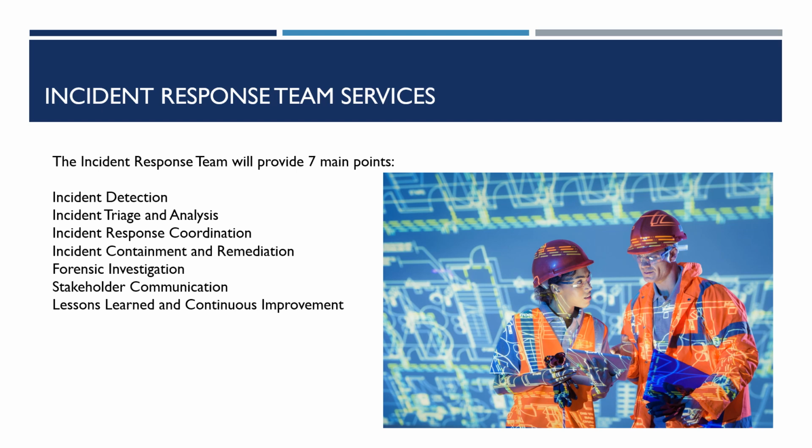Our incident response team will provide 7 main points or services in the event of any incident. These include incident detection, incident triage and analysis, incident response coordination, incident containment and remediation, forensic investigation, stakeholder communication, and then again, lessons learned and continuous improvement.